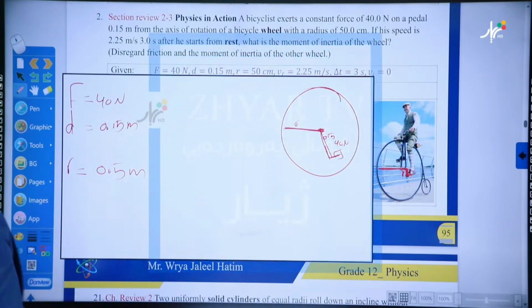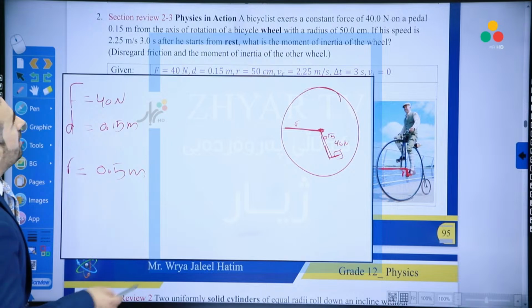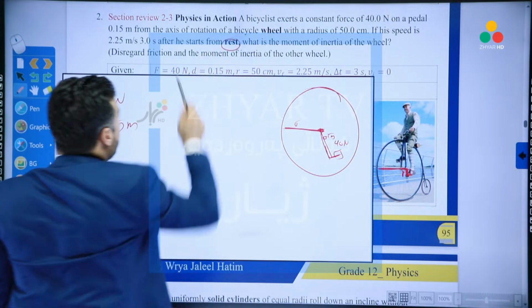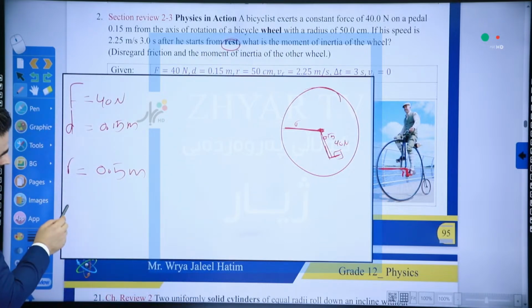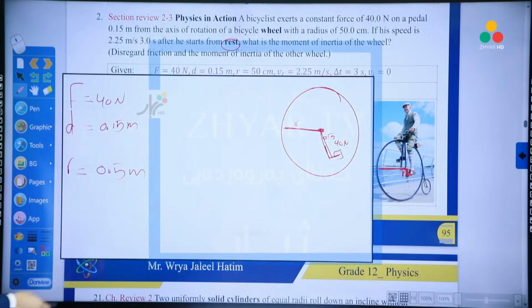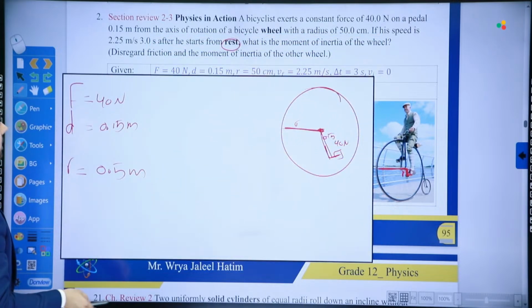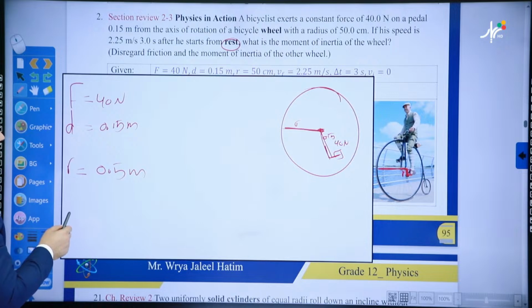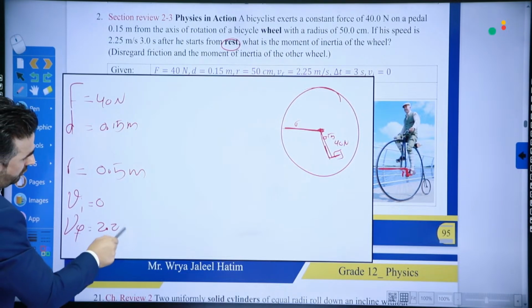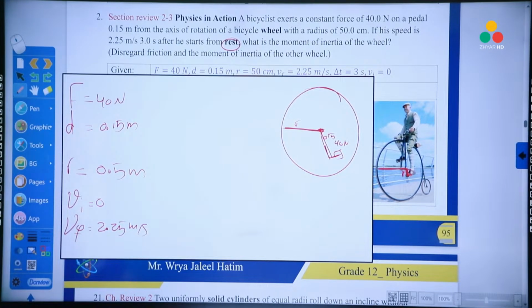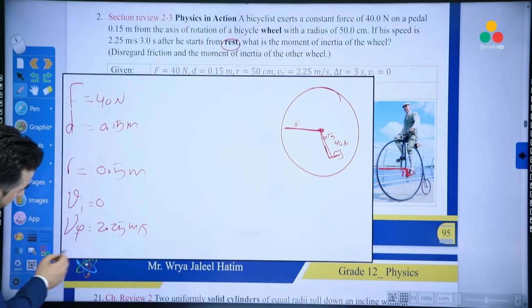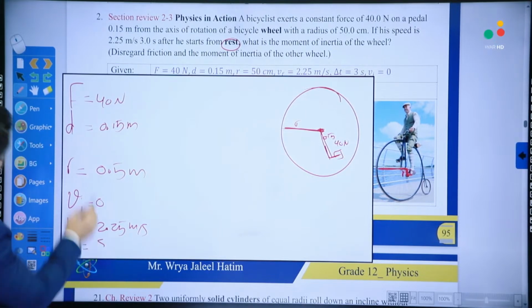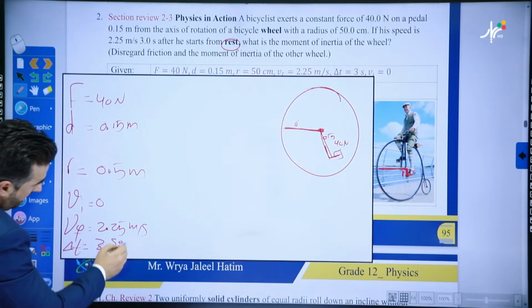If his speed is, so we have a speed, after he starts from rest, that is tangential. V initial is 0, V final is 2.25 meter per second. What else? The time delta t is 3 seconds.